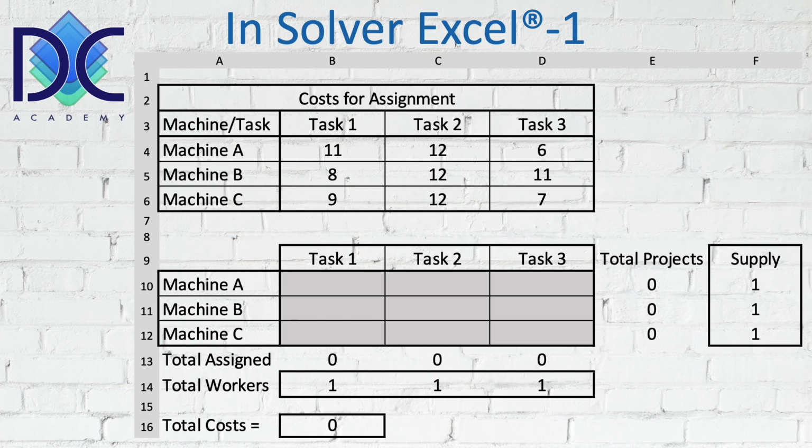For the total cost, we have to make the sumproduct of the assignments and the costs, which is written down in the cell B16. We've done that before, the way we do the formulas. Anyway, you can try it and you can find the formulas very quickly. But let's have a look at what's happening here now.